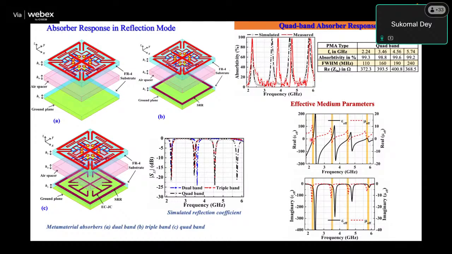As you know, the phase has to be 0 where you are getting 100% absorption, and the magnitude of the real part has to go close to 377 ohm or something like that. All these things need to be checked in terms of the medium parameters.